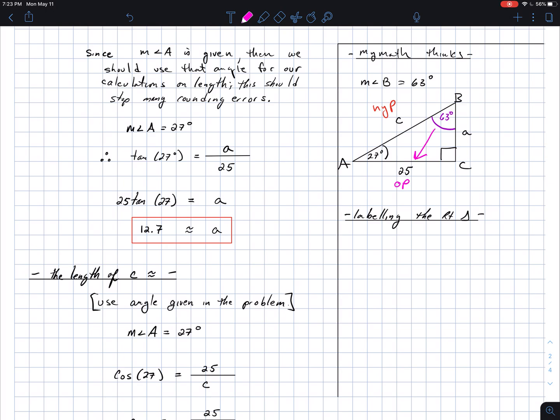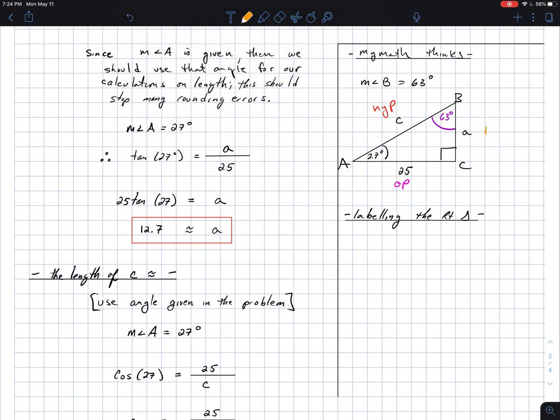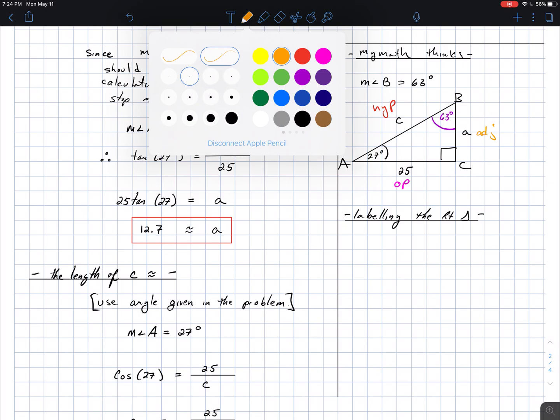Opposite 25, that value of 25 is opposite the angle 63, okay? As basic as possible, which then leaves the last one as the adjacent side, okay? That's where we get it. Remember, we always label it in this way because then we're guaranteed generally not to make a massive error.